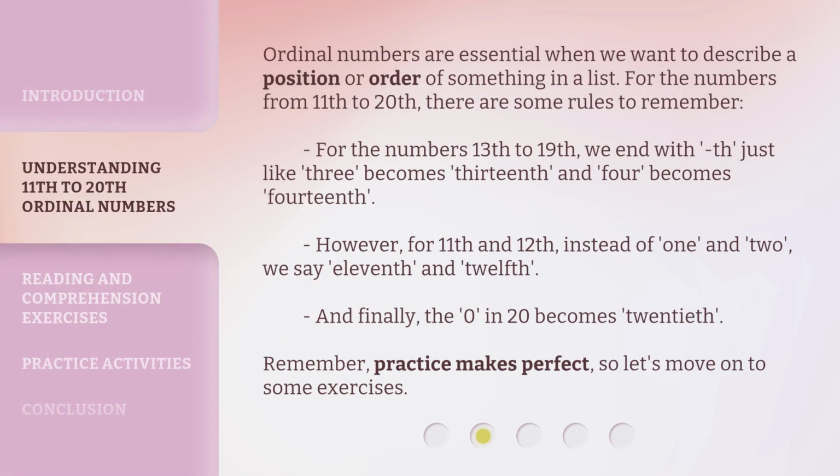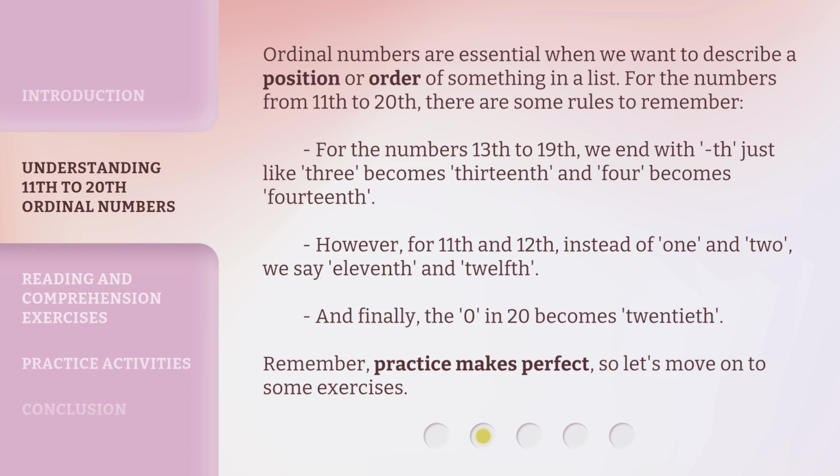Ordinal numbers are essential when we want to describe a position or order of something in a list. For the numbers from 11th to 20th, there are some rules to remember. For the numbers 13th to 19th, we end with th, just like 3 becomes 13th, and 4 becomes 14th.